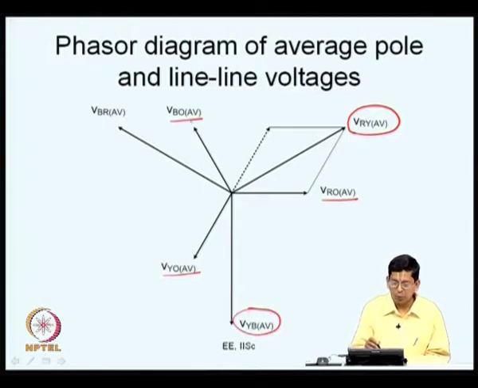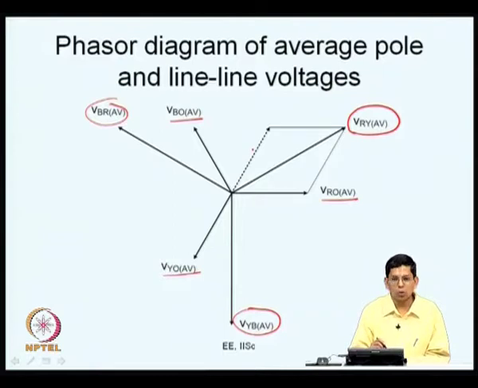Similarly, VBO average minus VRO average gives you VBR average. So, these are the 3 line to line voltages that you apply. So, ignoring the harmonics, of course, you get sinusoidal voltages that are applied here now.